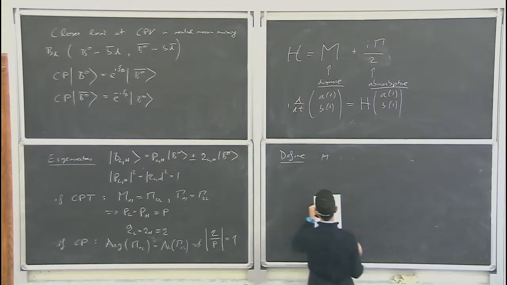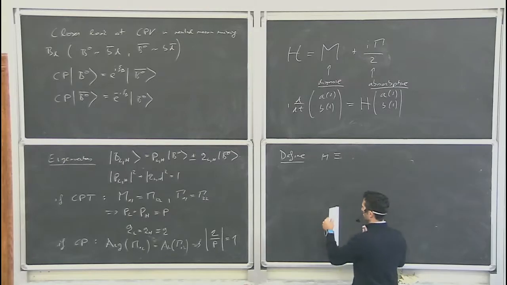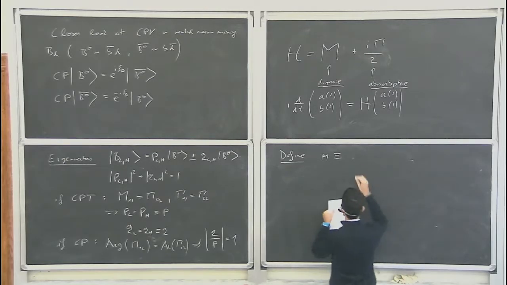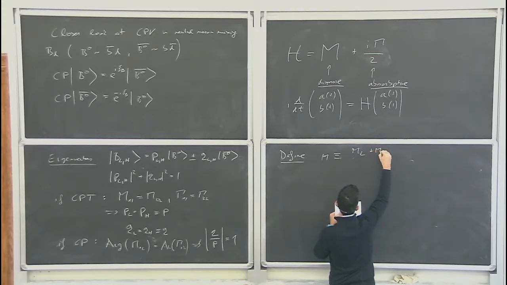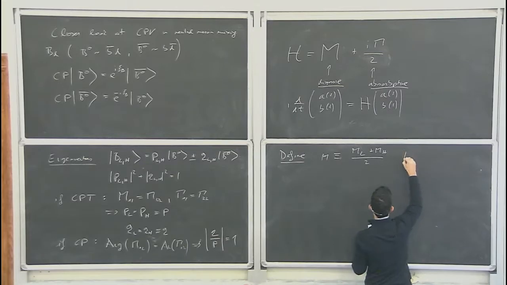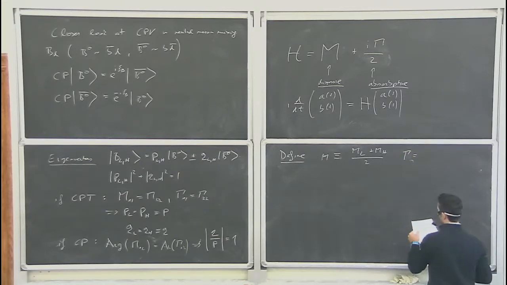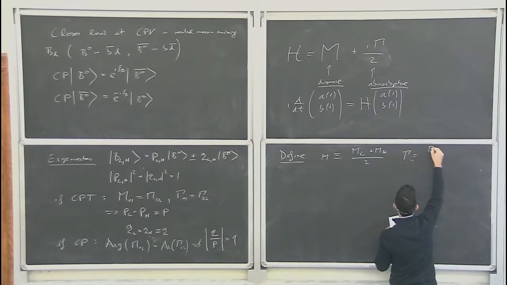I will define small m as the average mass of the heavy and light eigenstates, so this will be m_L plus m_H over 2. And similarly, I will define gamma as the average decay width of the heavy and the light eigenstate.